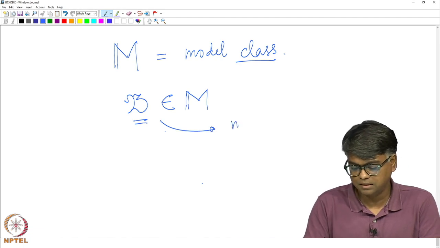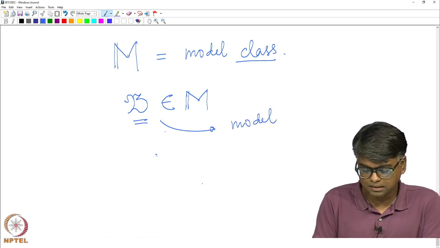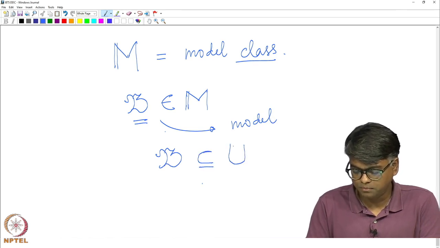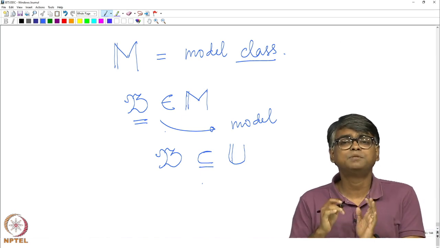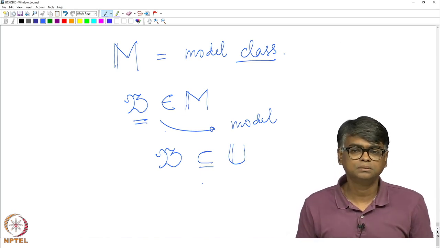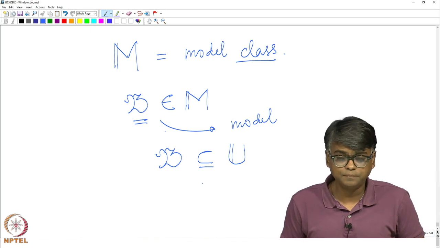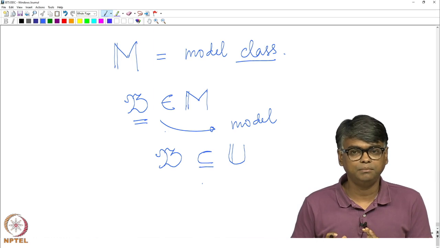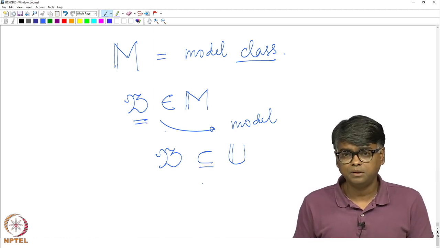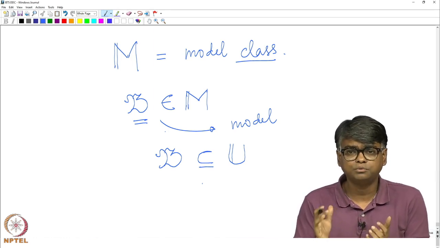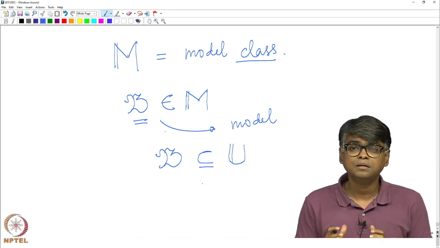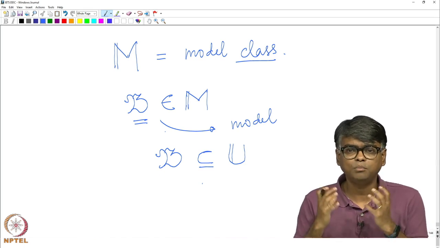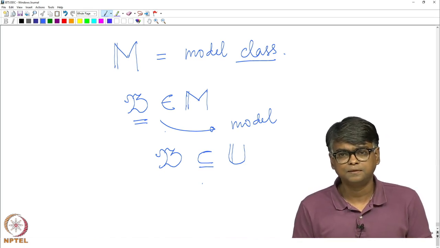In this case, it is just a behavior. This is a subset of the universum, but it has some special properties that we want from a model. For example, we may say that these models are all linear time invariant dynamical systems which are given by ordinary differential equations with constant coefficients. These are the properties that we impose on these models, and when we collect all possible such models, we call it the model class.